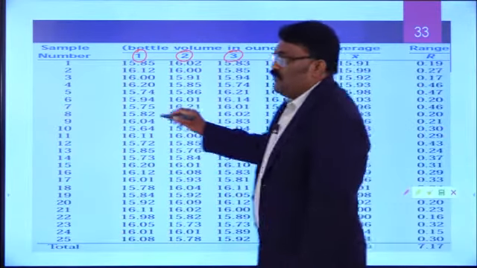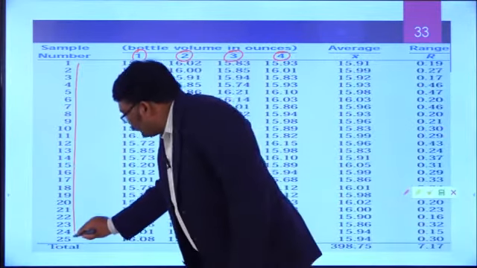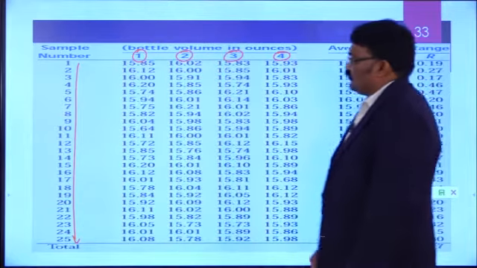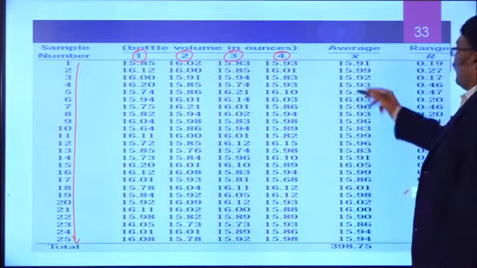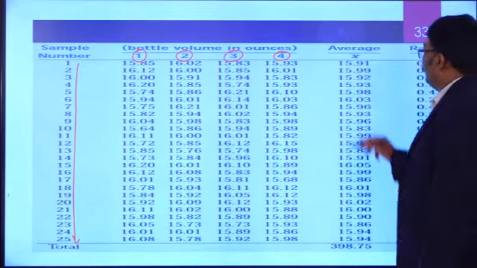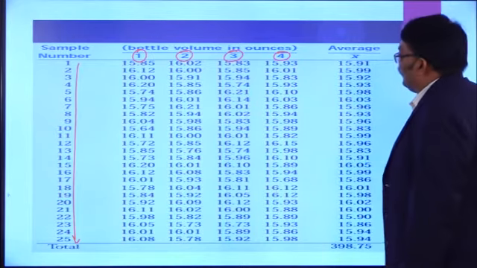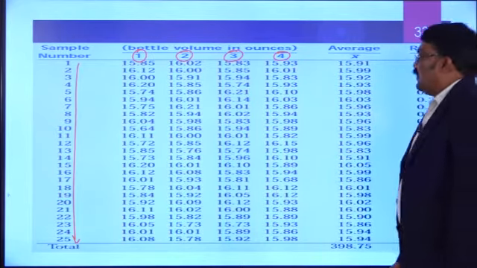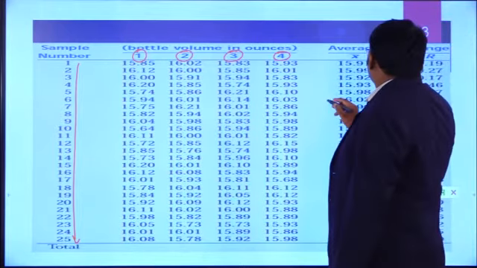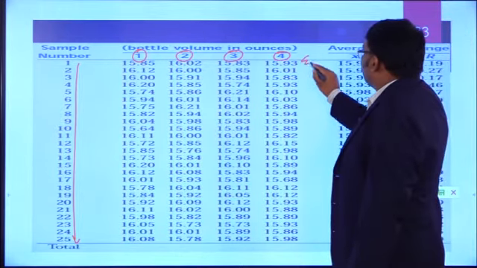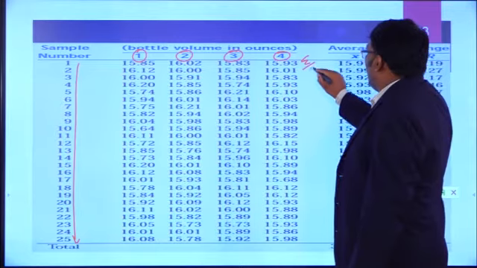We have total 25 samples. Now, what are we supposed to do? We are supposed to find out the average x bar. Summation of this divided by 4.